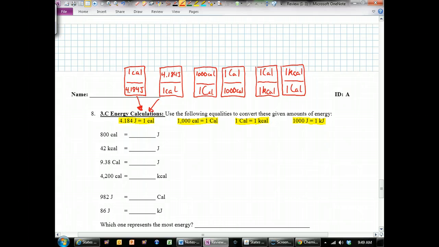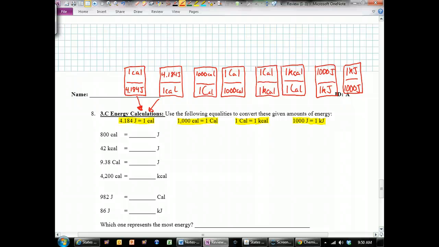The last one is kilojoules and joules. 1,000 joules is equal to a kilojoule. So 1 kilojoule is quite a bit more than a joule. And with these 8 cards, or fractions, we can solve all these problems.